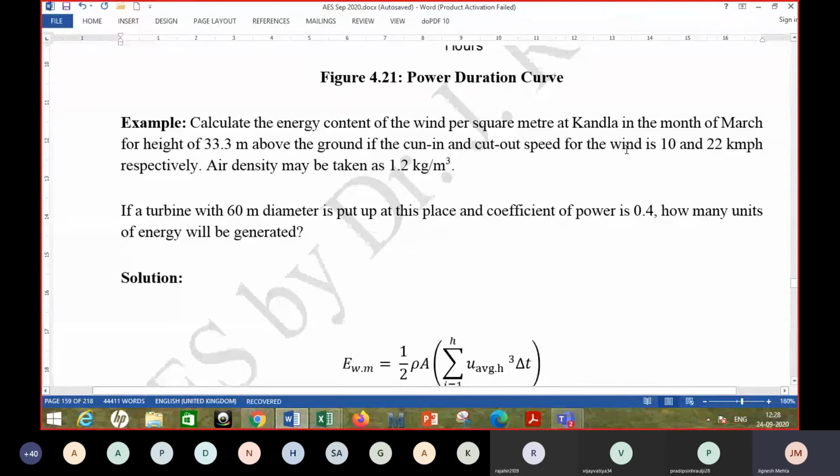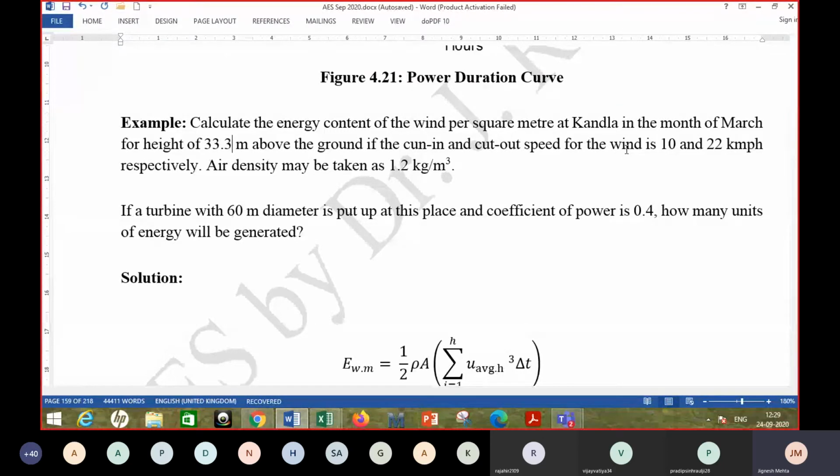And if you refer to the month of March, the first column is the interval in kilometer per hour. So 0, then 0 to 2, 2 to 4, 4 to 6, and so on. What we are going to do is, if it is 0, it's 0. If it is 0 to 2, you take the average, that is 1. Then 2 to 4, you take the average, that is 3. 4 to 6, you take the wind velocity equal to 5 kilometers per hour.